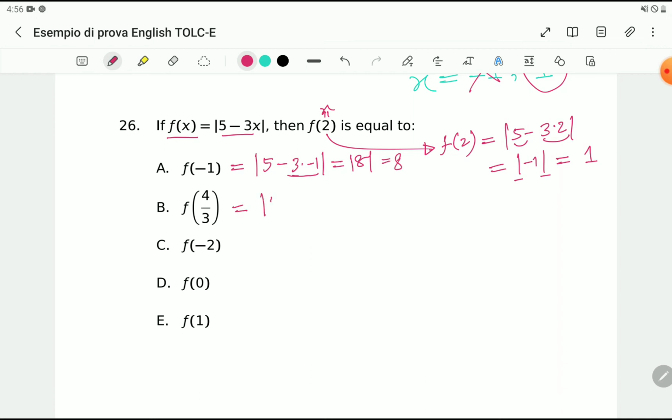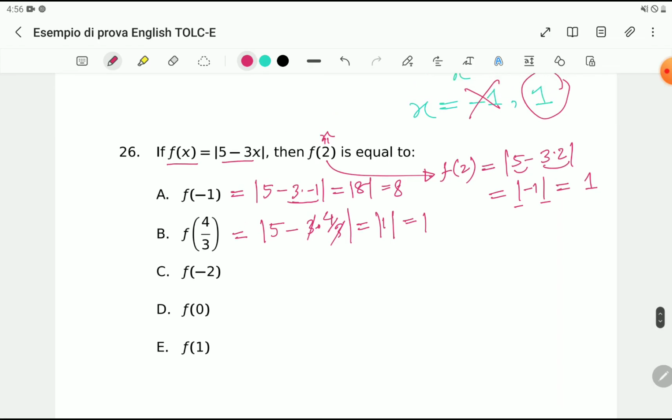Okay, this gives us 5 minus 3, x value is 4 by 3. That means this 3 we can just cancel out. So 5 minus 4 equal to 1, so 1. It seems the answer is B because the value is the same as function of 2.